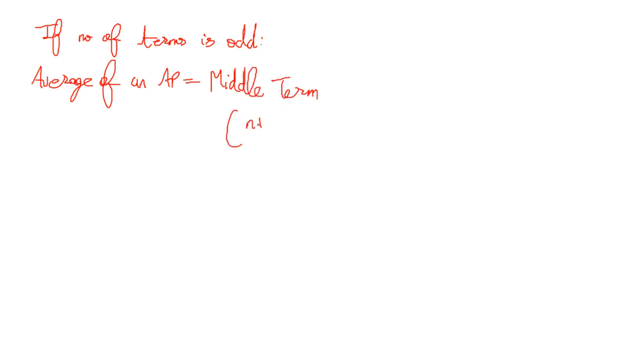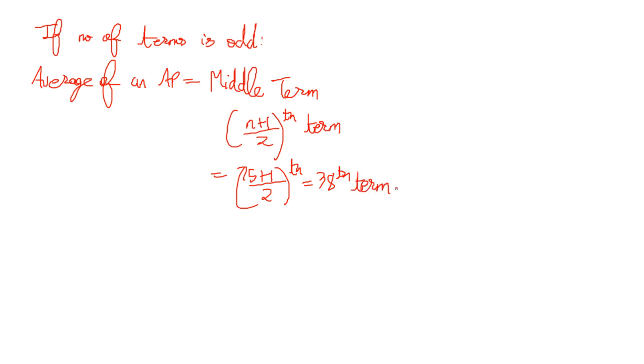Middle term is (n plus 1) by 2th term. So here it is 75 plus 1 by 2th term, that's the 38th term. This will be the average of the entire AP.